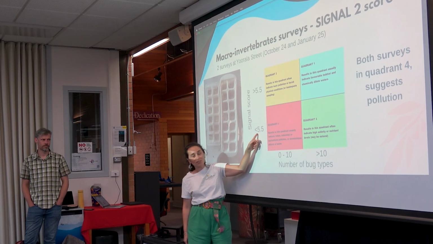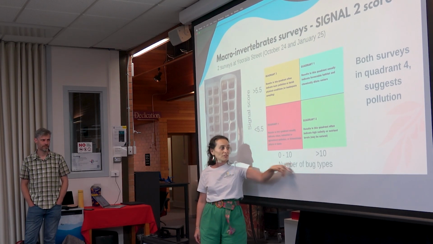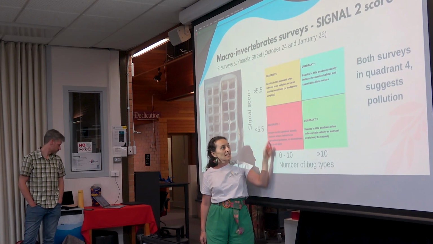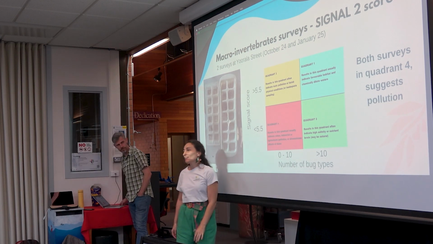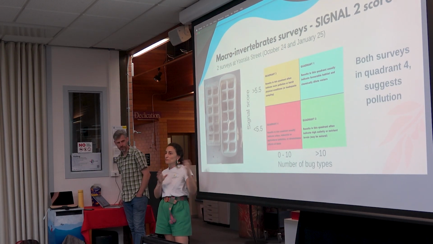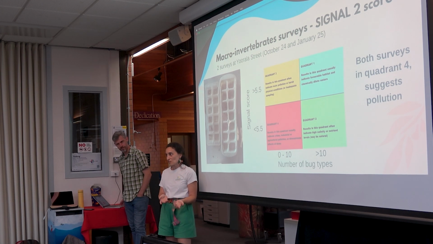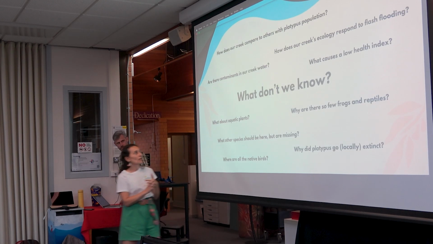We had a SIGNAL score below 5.5, and a number of types of bugs between 0 and 10. And here, it's indicative of pollution. So again, not a great indication of the health of the creek. Now using two different indexes and two different ways, we're getting to the same results, but yeah, could be better.